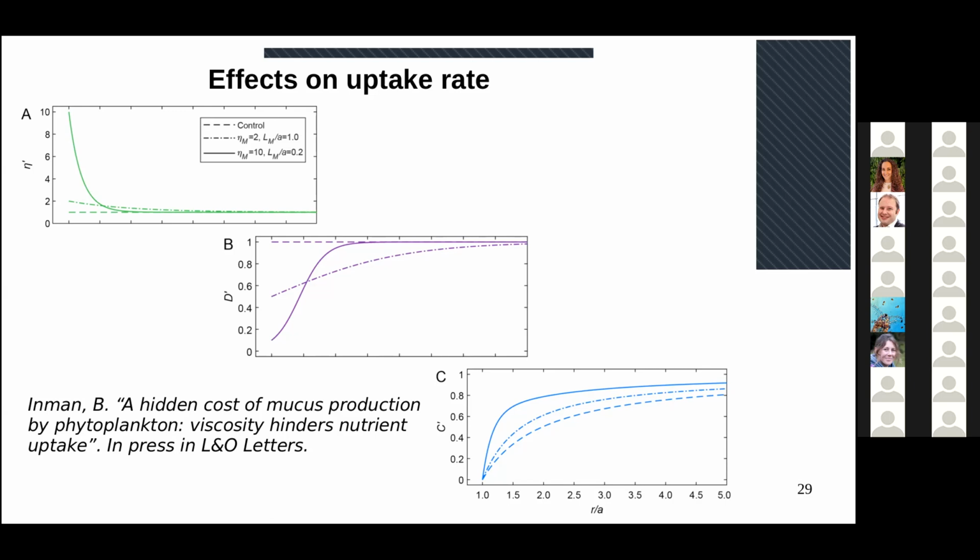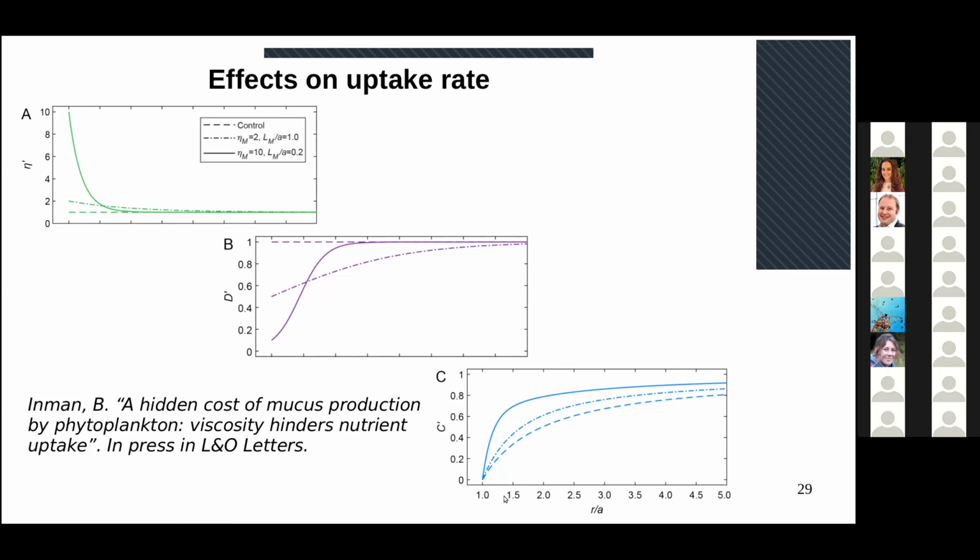And this is a really nice modeling work from Bryce Inman that is, I believe, currently accepted in L&O Letters, in which he showed that if we consider viscosity decreasing approximately in the manner that we observe in our experiments, that leads to decreases in diffusivity as you approach the cell, which translate into steeper gradients of concentration of the nutrients.